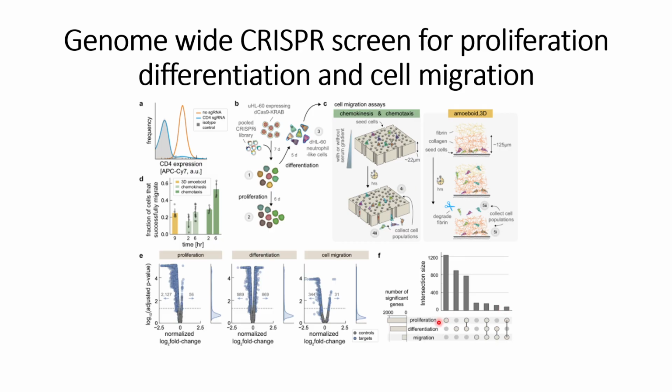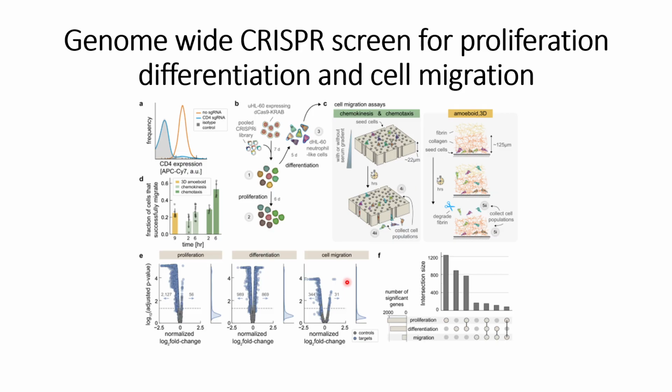This indicates that most of the genes are unique to proliferation and differentiation, whereas very few genes are unique to migration itself. So far, this is the overall idea of how they did their genome-wide CRISPR screening for proliferation, differentiation, and migration. We will discuss further results in our subsequent videos.